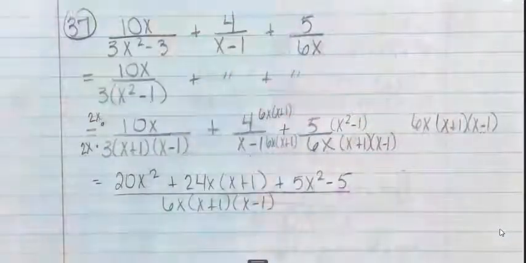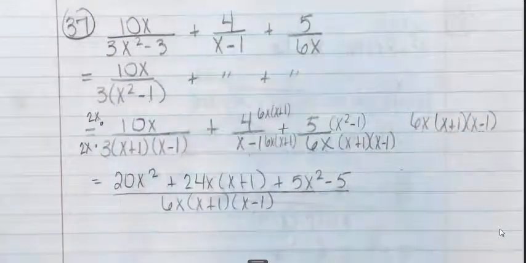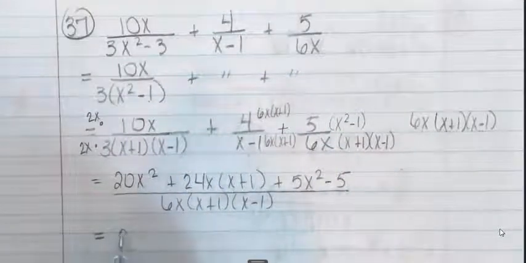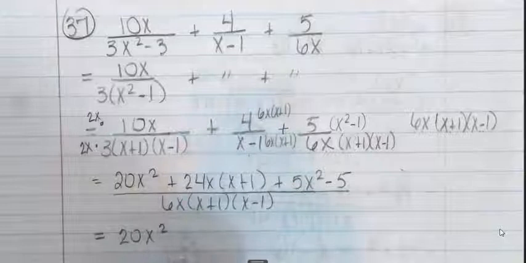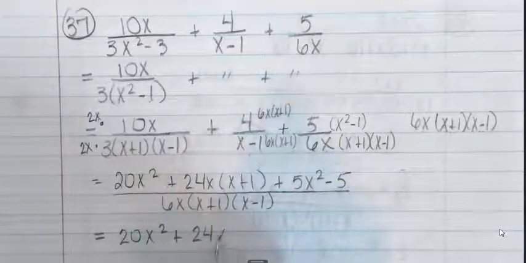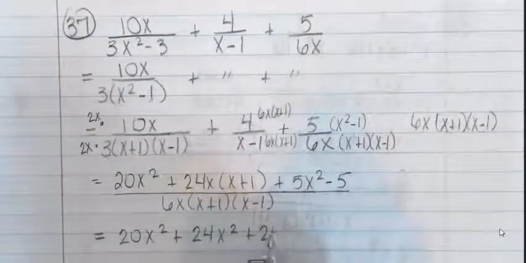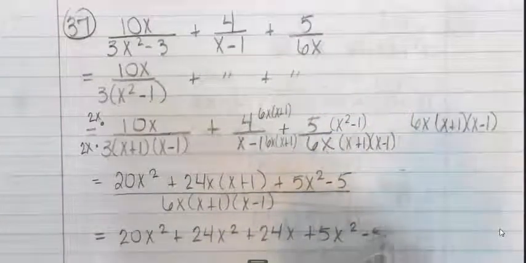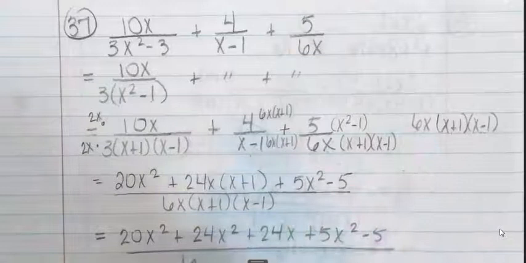I don't like to skip too many steps, because if I do, I usually end up messing up. So, continuing to work on my numerator, I've got a 20x squared plus a 24x squared plus a 24x plus a 5x squared minus 5. Denominator staying the same.